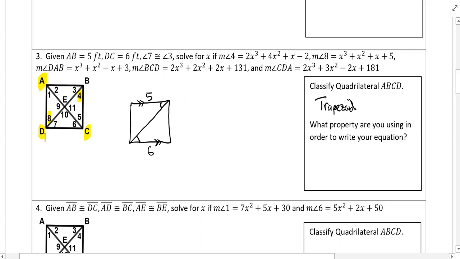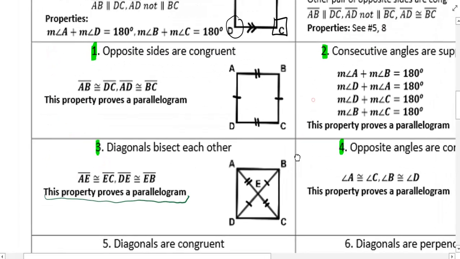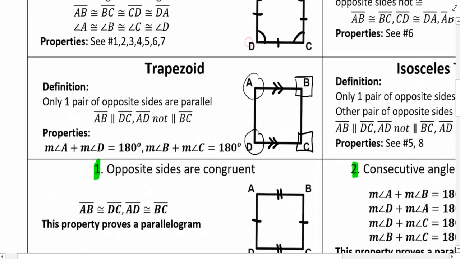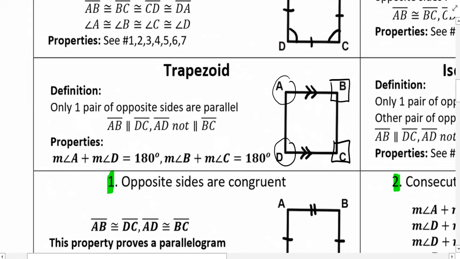So let's take a look at what we know about trapezoids. Hopefully you have all this memorized. For trapezoids, there's really only one property that we have here, and that is that same side interior angles are supplementary, or they add up to 180.